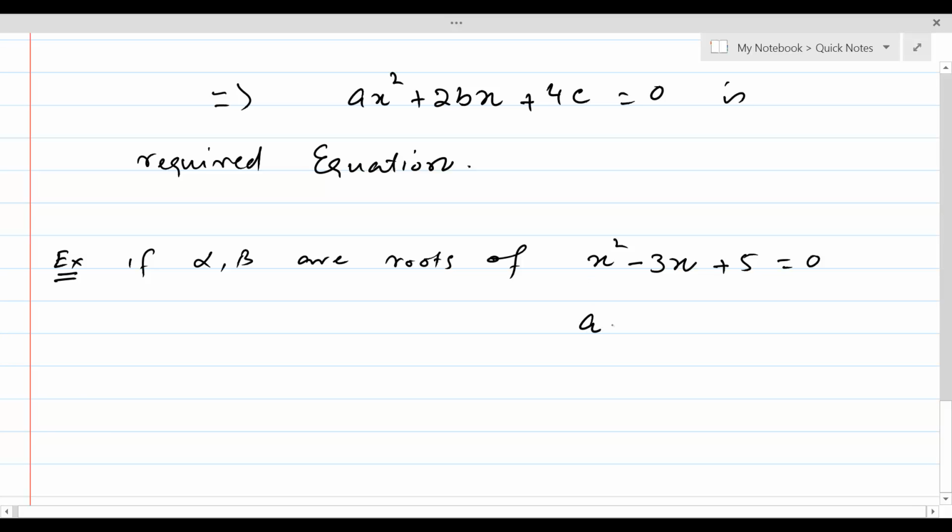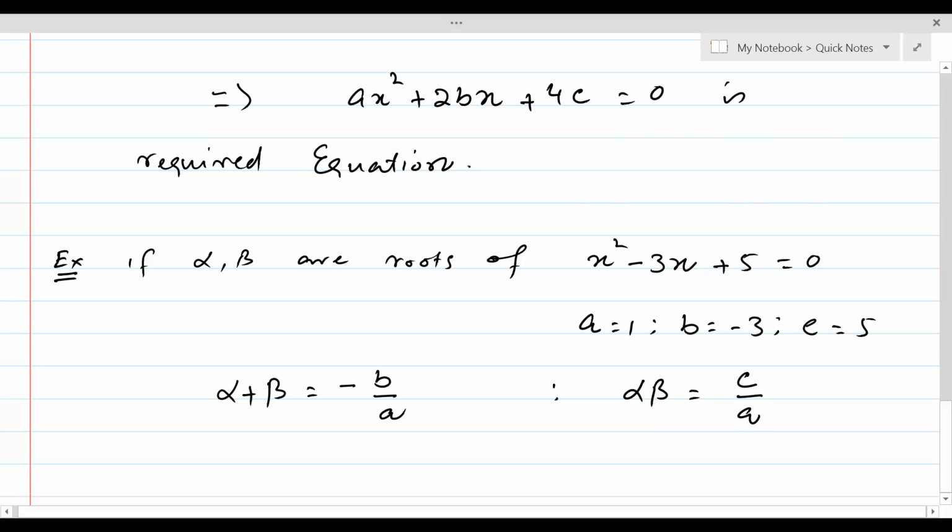Here a is equal to 1, b is equal to minus 3, c is equal to 5. So alpha plus beta will be equal to minus b over a, and alpha into beta must be equal to c over a.